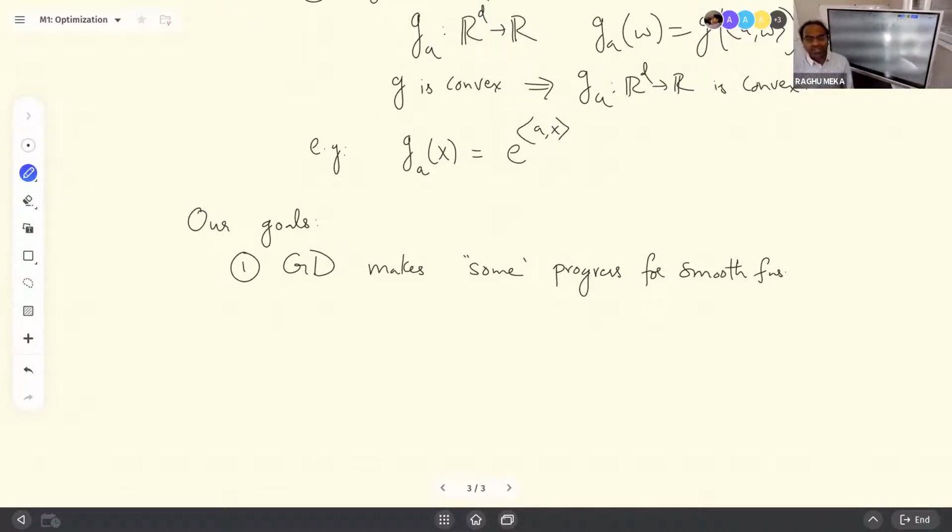We'll first start by showing that gradient descent is not a really wasteful algorithm to use for smooth functions. Meaning it might not get you to the best one, but it will make some progress.